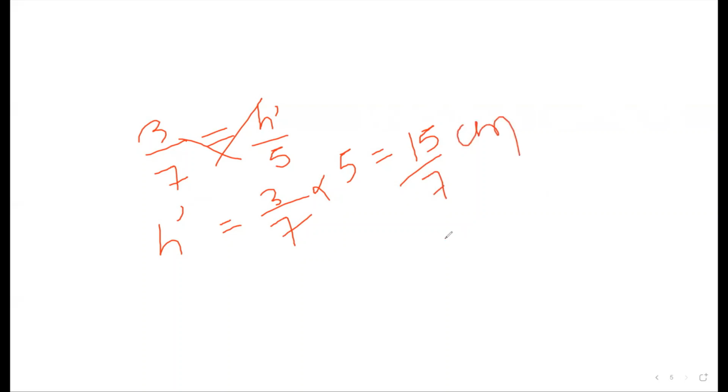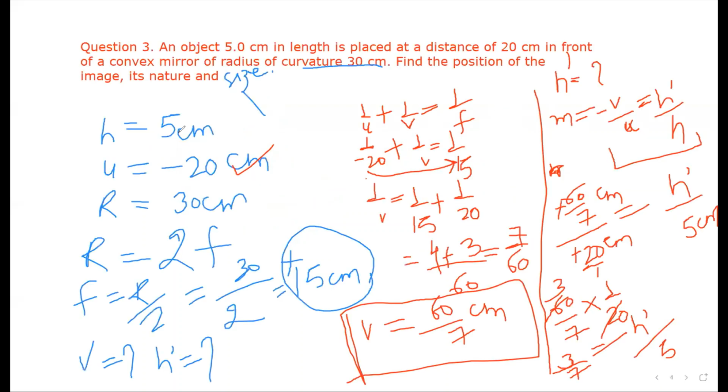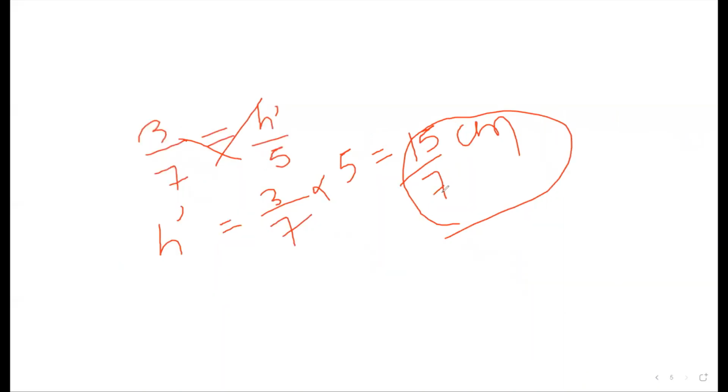This is a 2 point something value. Fine. Now, what was the size of the object? That is 5 centimeter. What is the size of the image? That is 15 by 7, meaning 2 point something. So in the case of a convex mirror, we always get a small size image. Always, remember it. So what is the nature of the image now?